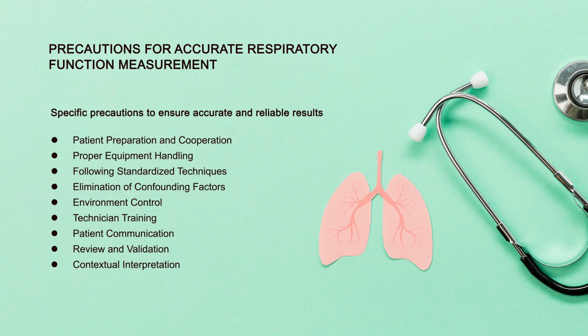It can be achieved by maintaining a comfortable testing environment with stable temperature and humidity levels. Minimize exposure to irritants such as strong odors, smoke or allergens during measurement. So, these are some of the very important factors that need to be taken care of as a precaution while conducting these measurements.